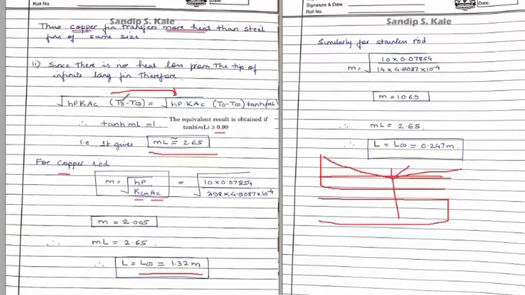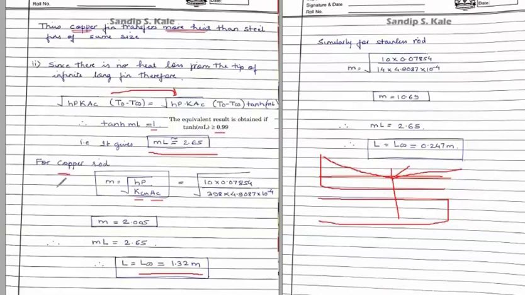Just equate this equation, you get tanh ml equal to 1, and if you take the inverse of this, you get ml equal to 2.65. You are not calculating at 1, you are calculating just before 1, and you will get the exact results. So we are calculating at 0.99, and taking the inverse of 0.99 you get ml as 2.65.